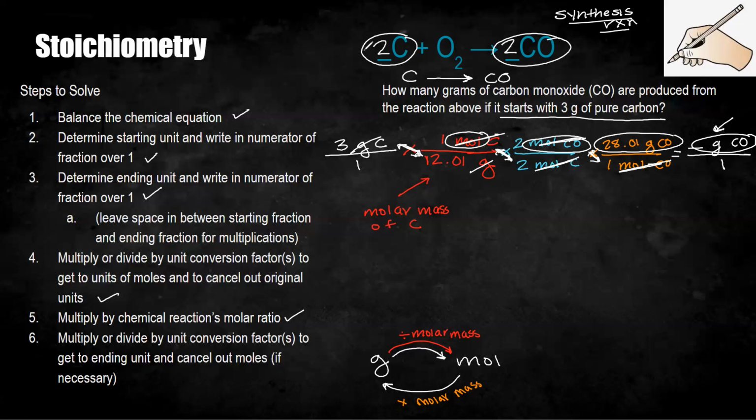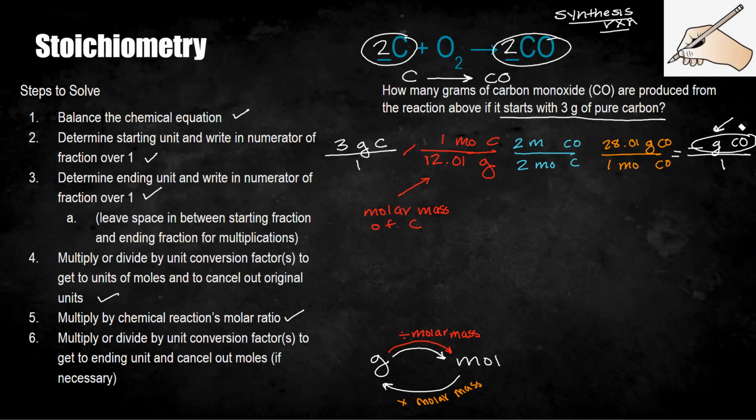So I am not quite done yet. I still do need to, let me make sure I erase that so y'all can see a little bit better. Just redraw a little bit here.